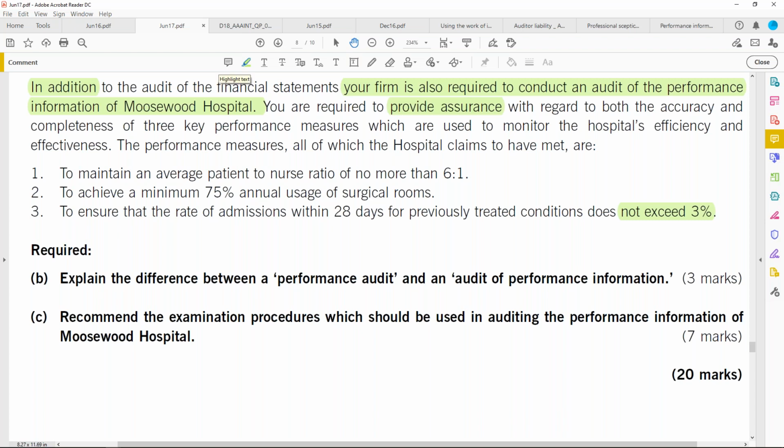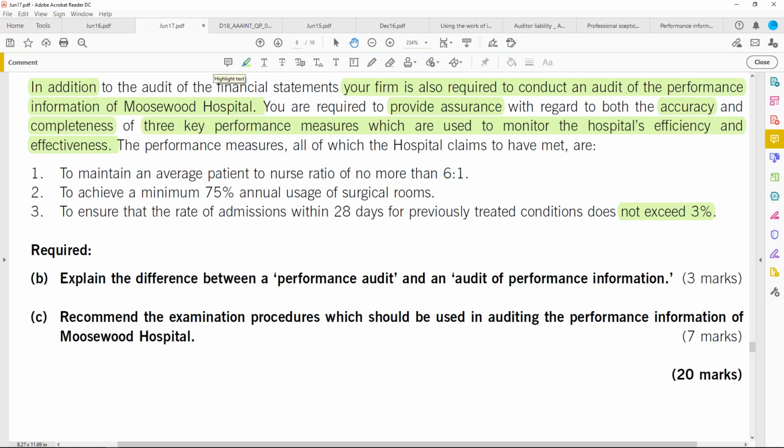We have no idea which assurance, reasonable, moderate. Question is silent. With regards to both the accuracy and the completeness of the three key performance measures which are given below. So you need to provide assurance with regards to the accuracy and completeness of the three key performance measures used to monitor the hospital efficiency and effectiveness, right?